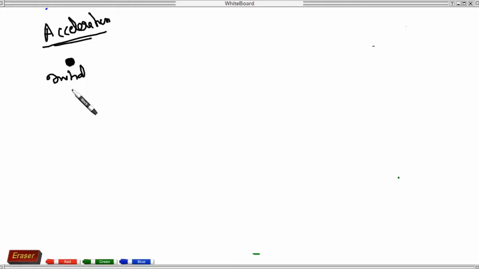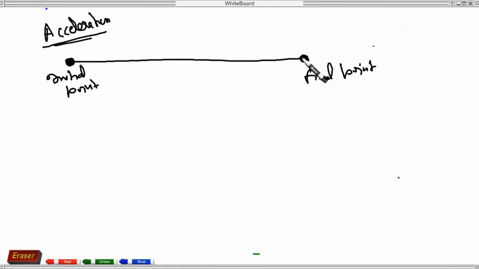Like I told you what acceleration means, suppose this is your initial point, this is your final point. Here the initial velocity is 0, and suppose at this point its velocity is 0 plus 2, it's 2 meter per second increased here.